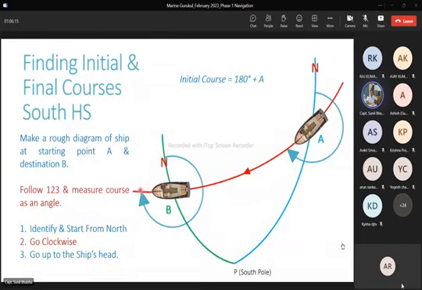Now once I know this angle B, the required angle for me would be 360 minus angle B. The final course is thus given by 360 minus B.